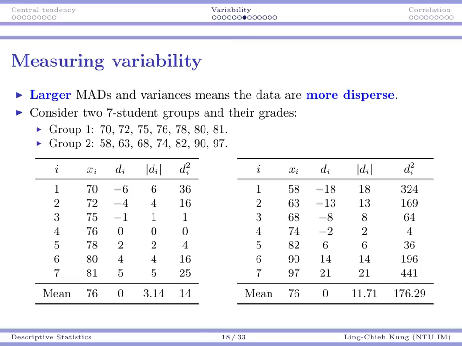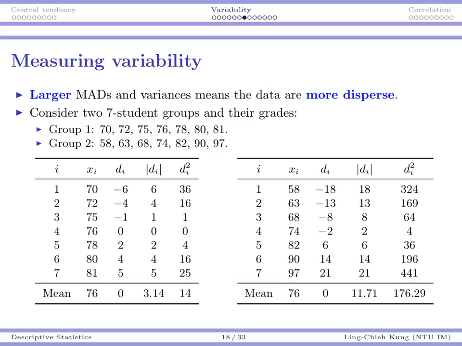Then we say the second set of data is more dispersed. If we look at those original numbers again, indeed we would agree that the second group's data is more dispersed. Or we can say that these 7 students' scores differ from each other to a larger degree.